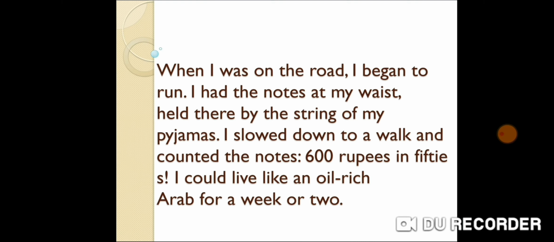And the total amount was 600. I could live like an oil rich Arab for a week or two, and this money was enough for the thief. And the thief was thinking that now this much money was very helpful for him for 15 days, and for these 15 days he can live his life like an oil rich Arab.